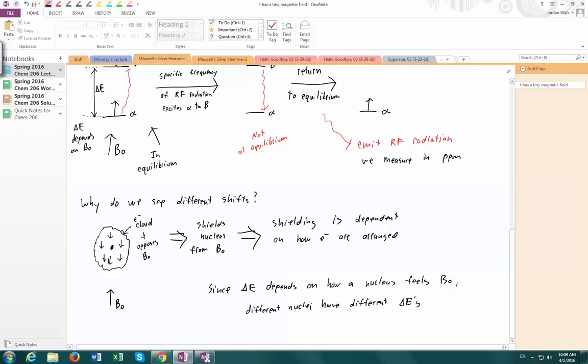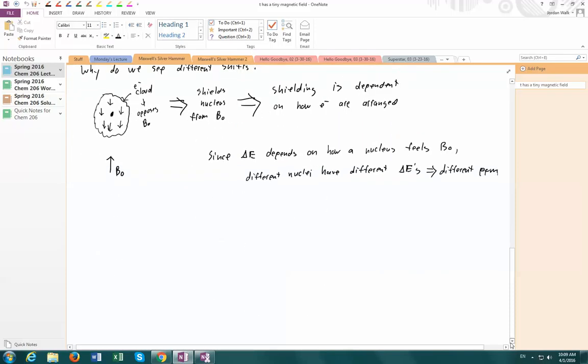So ultimately they will also have different ppm. This is how an NMR works in a nutshell. Each nucleus is going to feel the B naught differently, and so now it has a different delta E, which gives it a different ppm that we're able to measure. Ultimately the different peaks we see end up being characteristic of specific protons in a structure. We'll talk about what those specific protons look like.